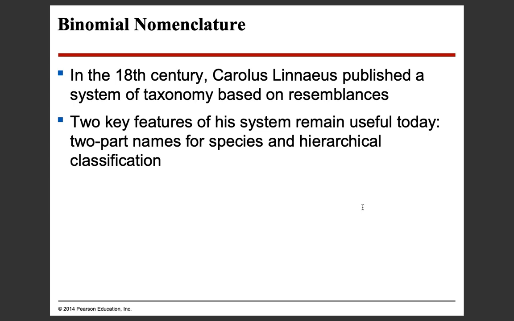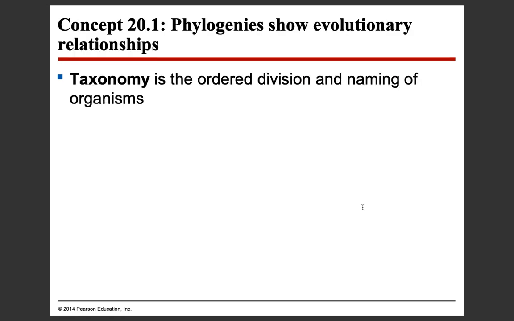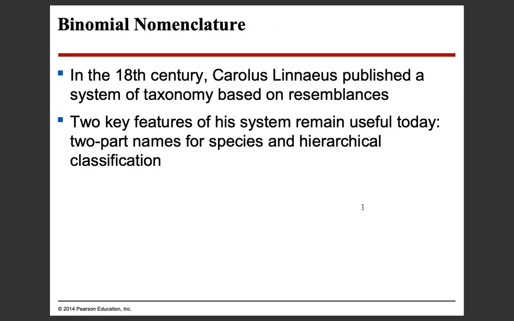So he published a system of taxonomy based on resemblances, so the way that things looked. So we know that their evolutionary relatedness is not the same as the way that they looked, their resemblance. Because as we just learned from these glass lizards, they're similar looking to snakes. So their name is probably more similar to the scientific name of a snake than they are evolutionarily related, if that makes sense. So sometimes there's a divergence there.